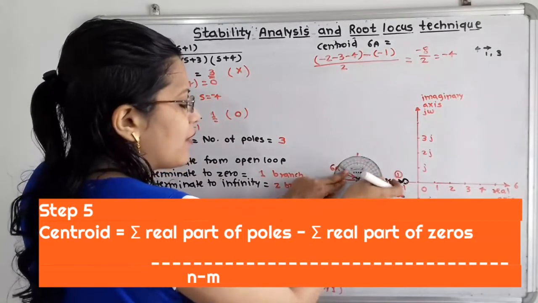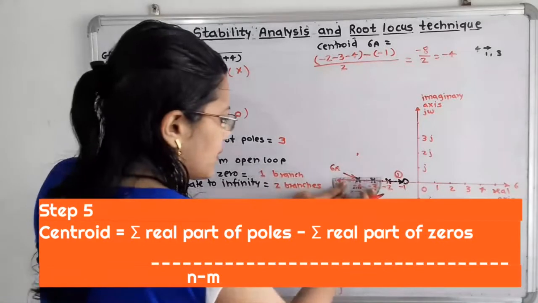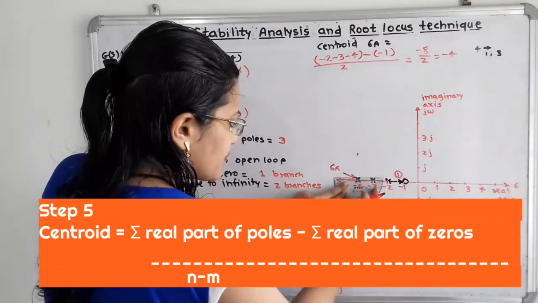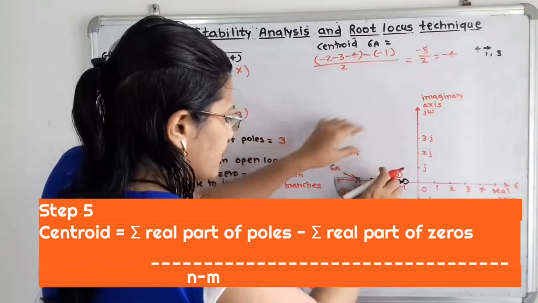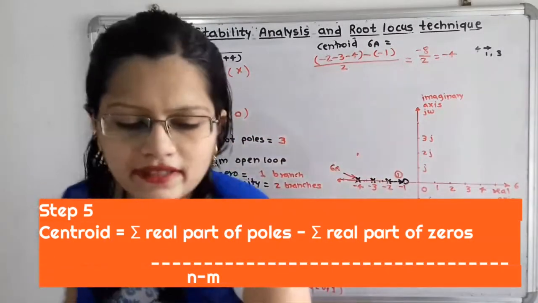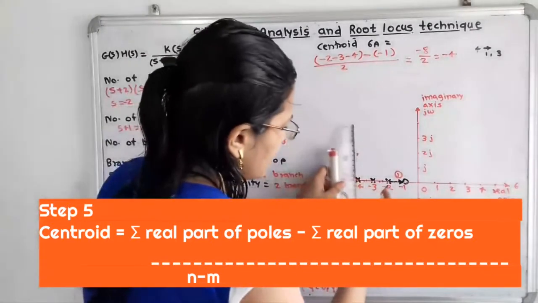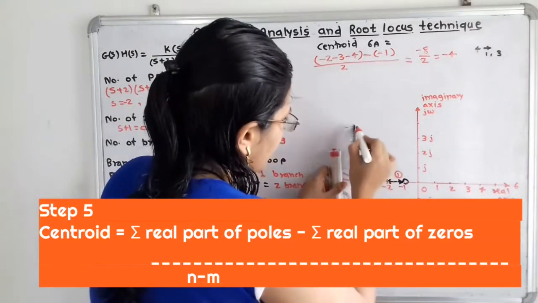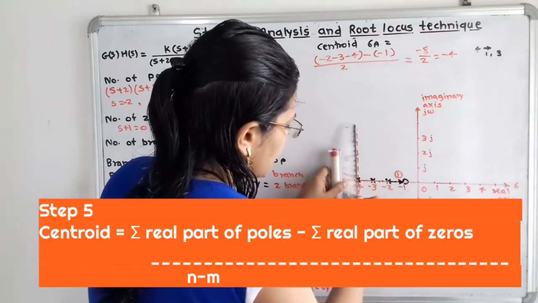Then again we take the angle of 270 degree, that is 180 plus 90, and we will draw the asymptote. The point of intersection is minus 4, so passing through this minus 4 we have to complete this line.